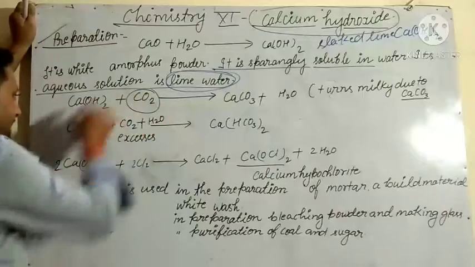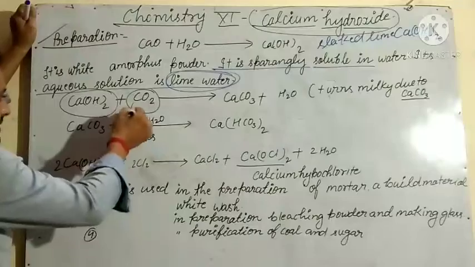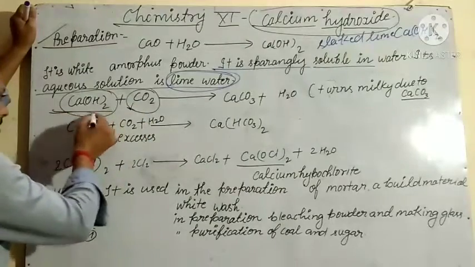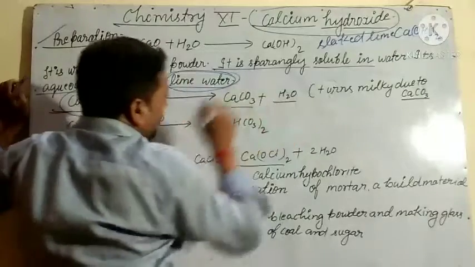Next, let us see when carbon dioxide is passed through calcium hydroxide. When carbon dioxide is passed through calcium hydroxide, it gives calcium carbonate and water.